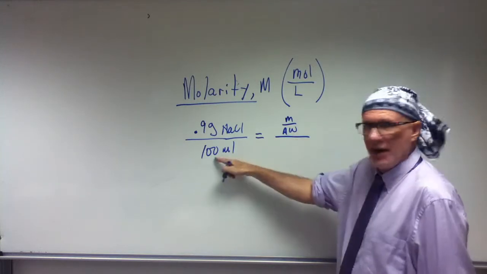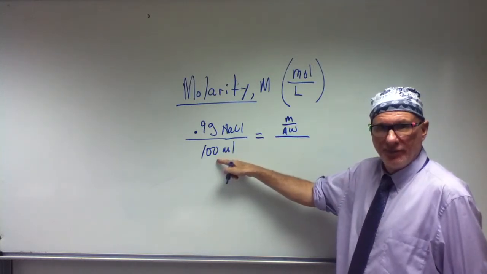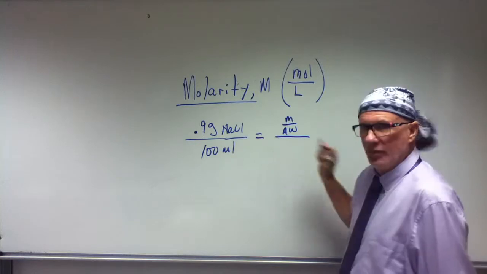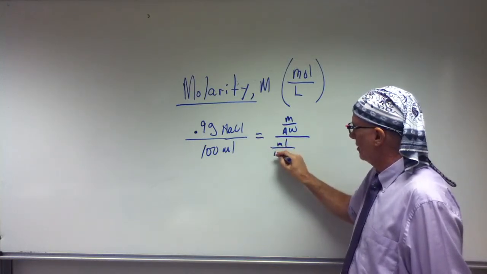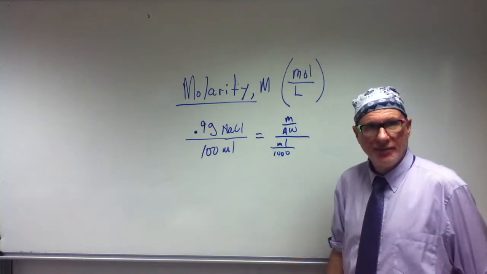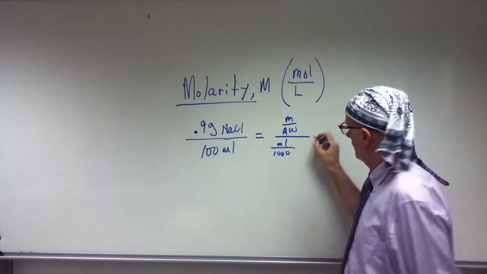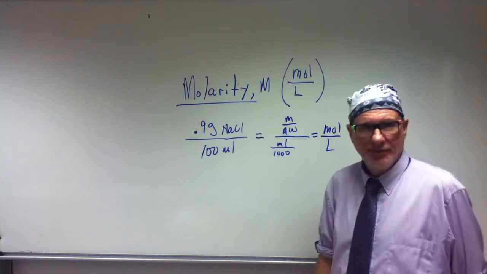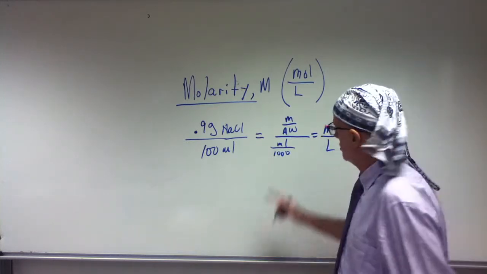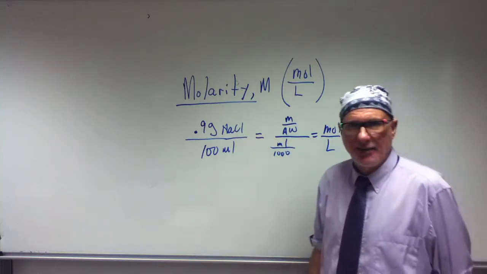Over what? Milliliters over 1,000, right? Because that has to be in liters, right? So that's going to be moles per liter, correct? Yes or no?